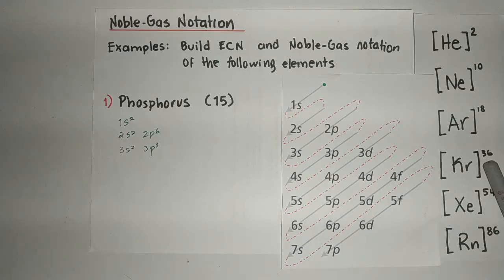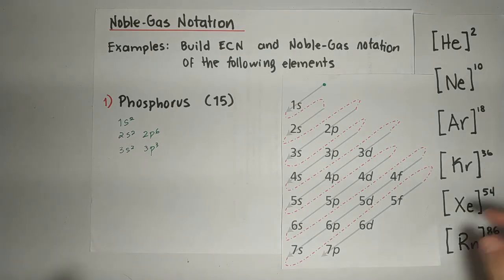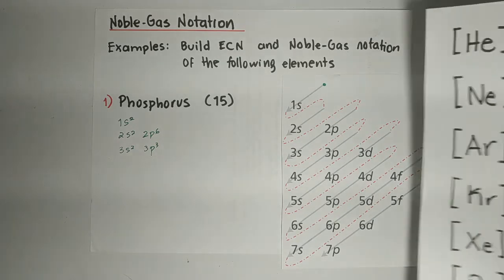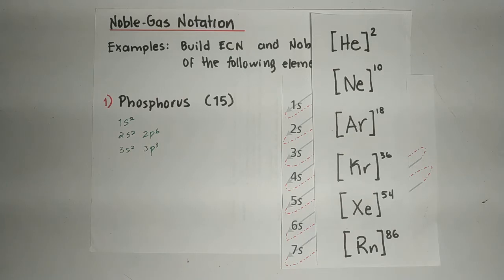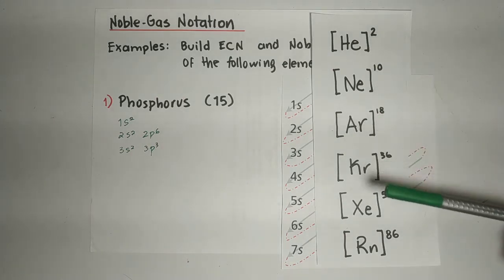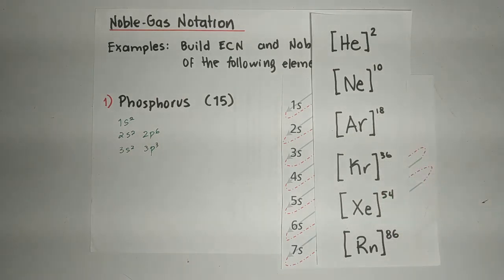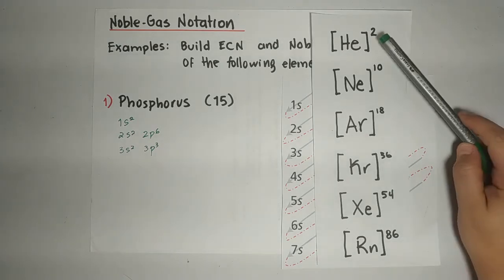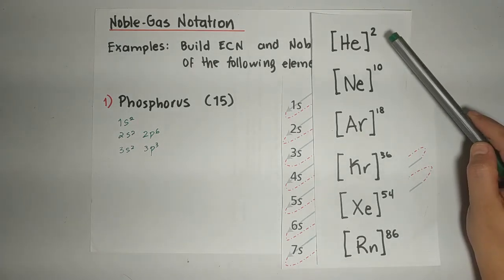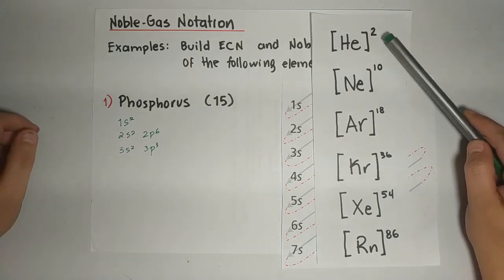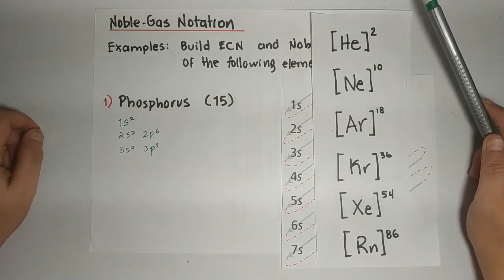Now what if I want to express the same by using just the noble gas notation? So take a look. Here I have a list of the noble gases from our periodic table: helium, neon, argon, krypton, xenon, and radon. Here as an exponent I wrote the atomic number.